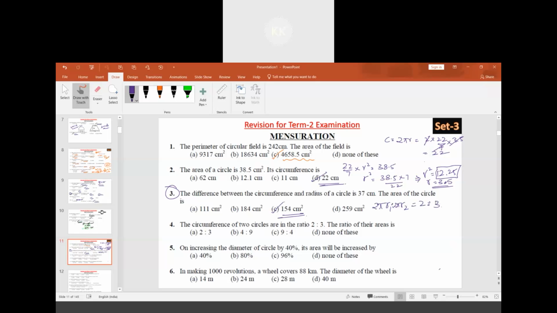We have to find pi r1 square is to pi r2 square. If you observe carefully, the pi gets cancelled, and here 2 pi gets cancelled. So r1 is to r2 is 2:3. When you square it, we get 4:9. So 4:9 is the answer.